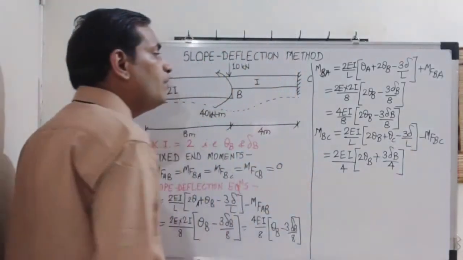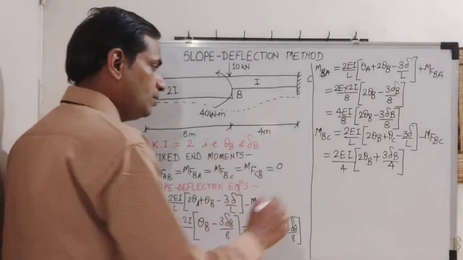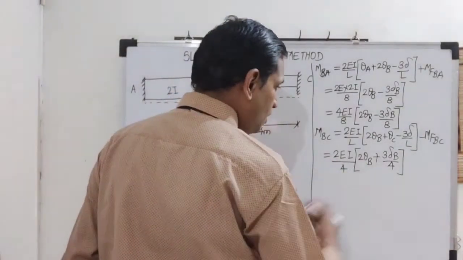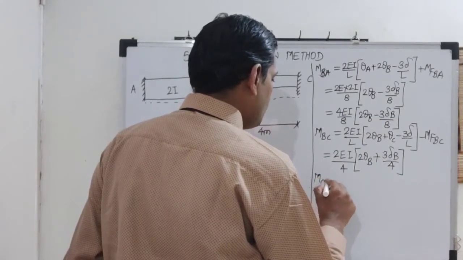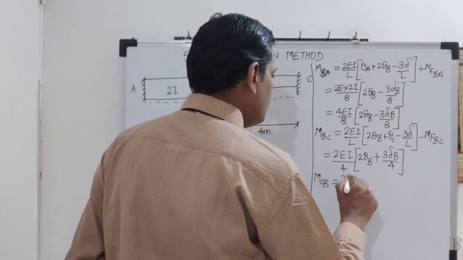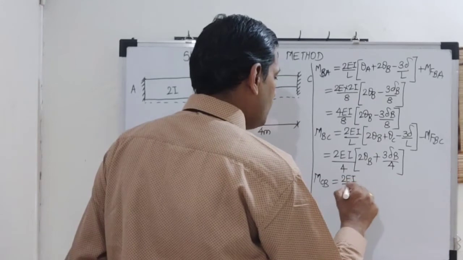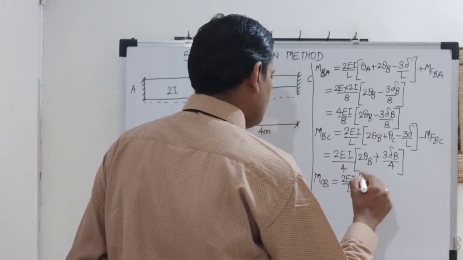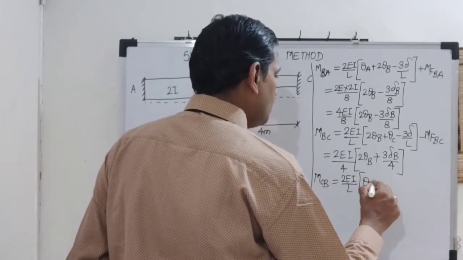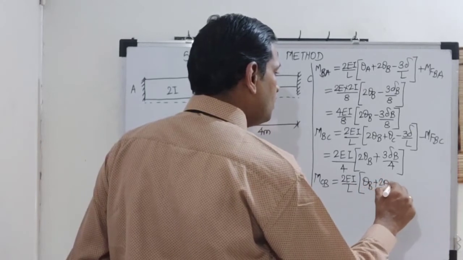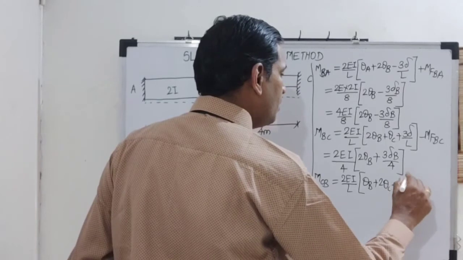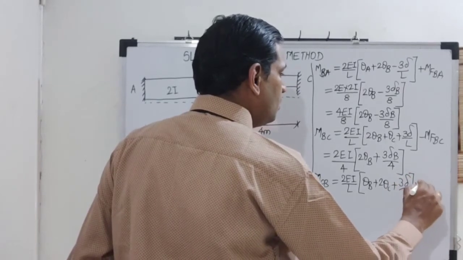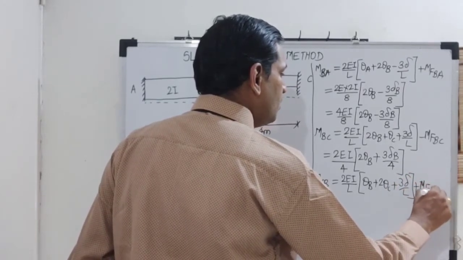So MFBC is again 0, so we will keep it as it is. Then MCB is equal to 2EI upon L into bracket theta B plus 2 theta C, plus 3 delta upon L plus MFCB.